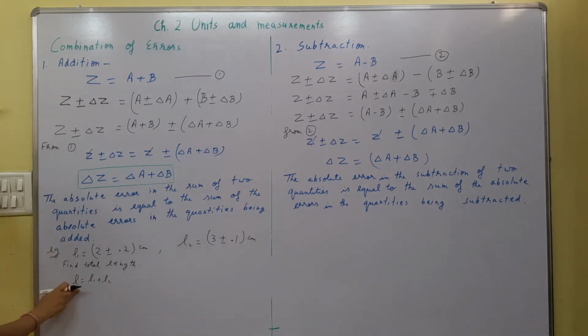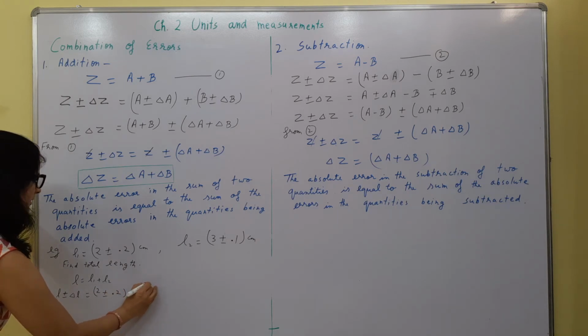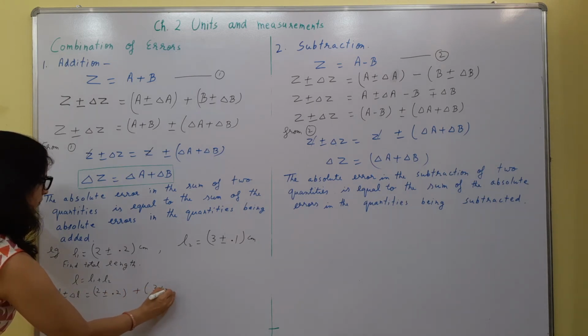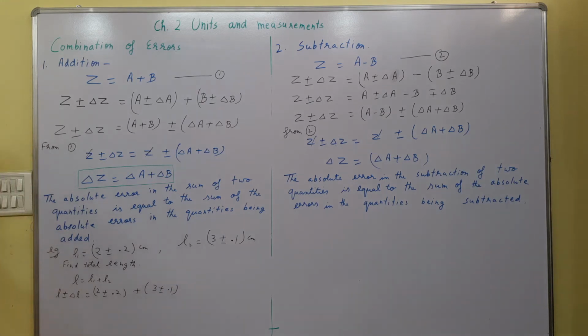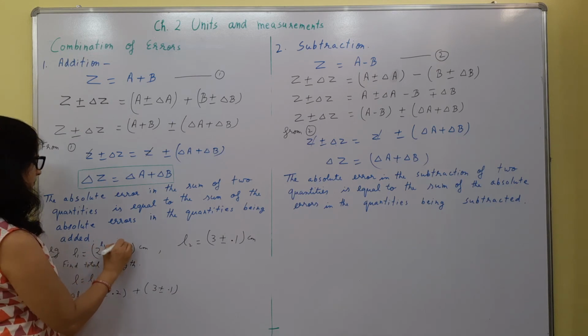So what will be the error in the measurement? So L can be written L plus minus delta L, and L1 can be written 2 plus minus 0.2 plus L2 can be written 3 plus minus 0.1, right? Because this is L1 plus minus delta L1.